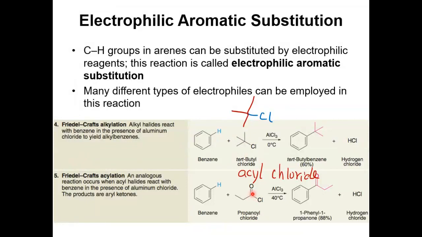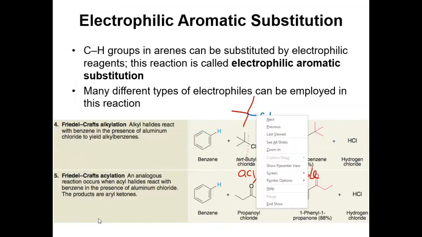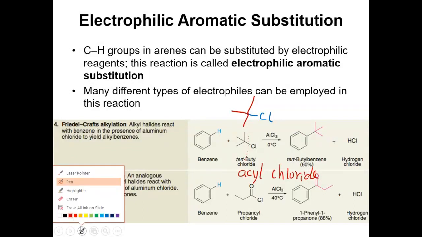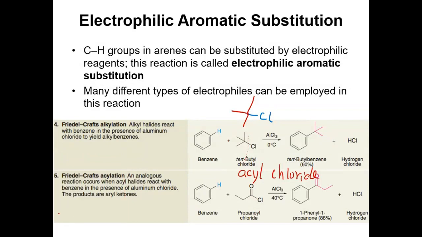This carbon is much more electrophilic than this carbon. Let's color code it, the electrophilic part in a warm color. I try to make it red, but sometimes I use the wrong color. Sorry, but you can still see the warm color.